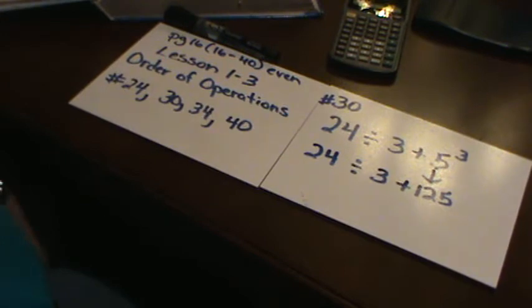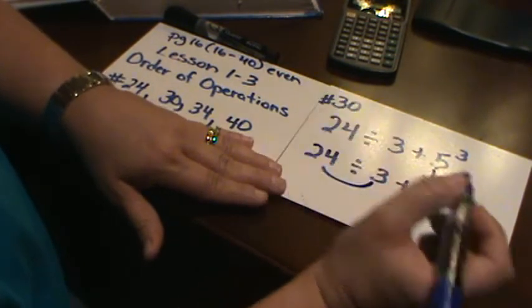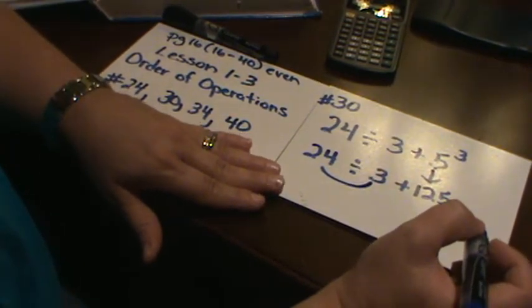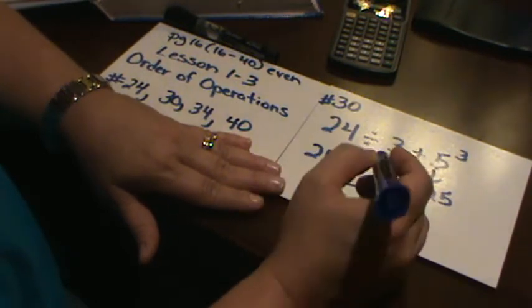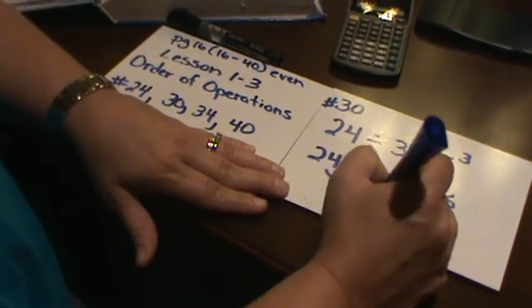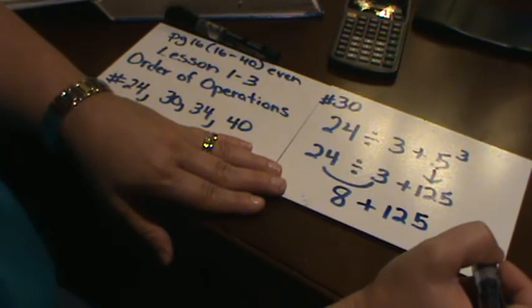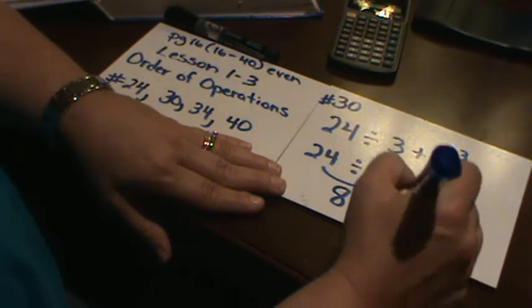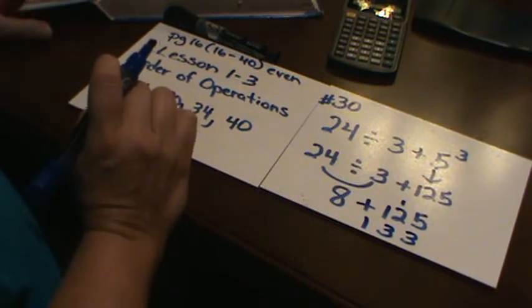Now, I'm going to say 24 divided by 3. Well, I have to decide 3 will go into 24 how many times? And I get 8. And then 8 plus 125 and I get 133 for my answer.